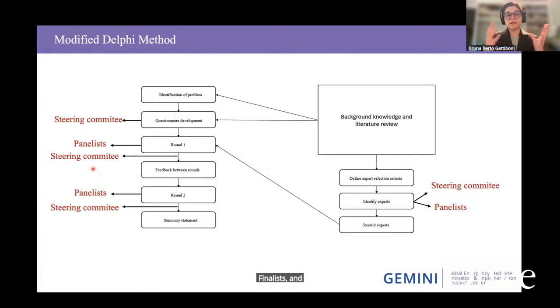In this way, we are trying to reduce the number of rounds we need to arrive at a consensus, and we hope that this helps us not have such a high dropout rate.